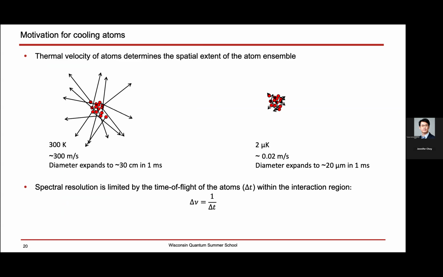And even for sensing, even though sometimes you may not need to cool down atoms, once you cool down atoms, you have the benefit of really nice spatial resolution. It's really well defined in space, and the atoms also will remain coherent for a much longer time because they don't get spread out very quickly.